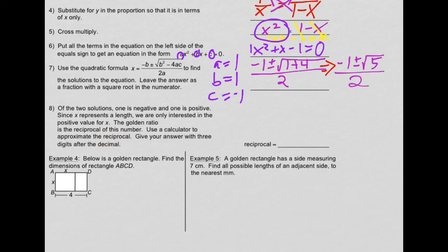Well, remember that a reciprocal just means 1 over whatever you had, whatever your answer was. And so in this case, the reciprocal would be 1 over 0.618.